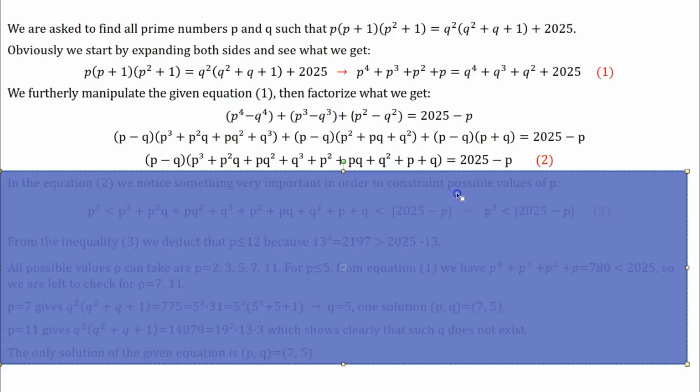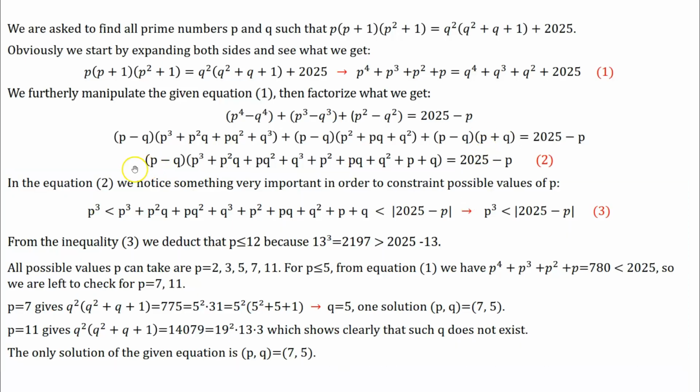Now, given this equation, of course, it is very difficult to solve without any further conditions, but we notice something very important in form 2 of the given equation. In order to constrain the possible values that p can take, we see that p to the third power is smaller than p to the third power plus all these factors over here, because these factors are positive.